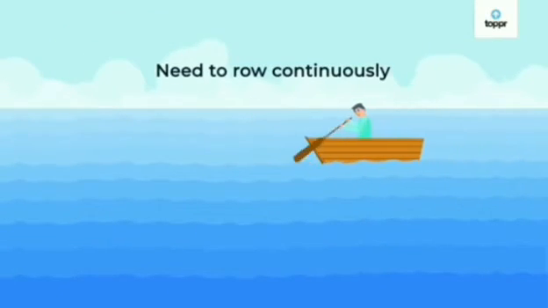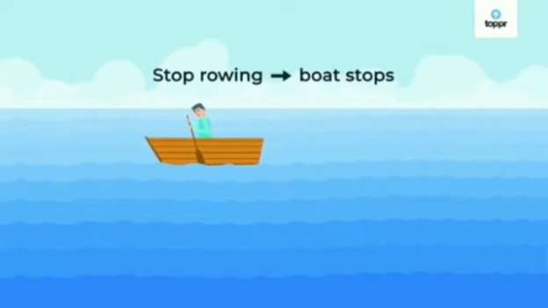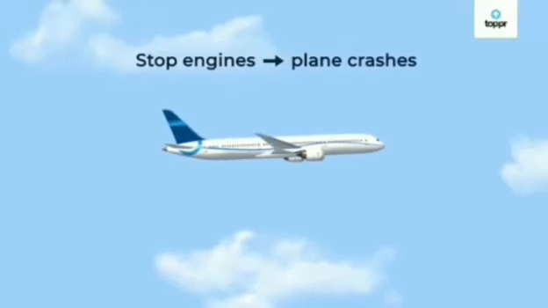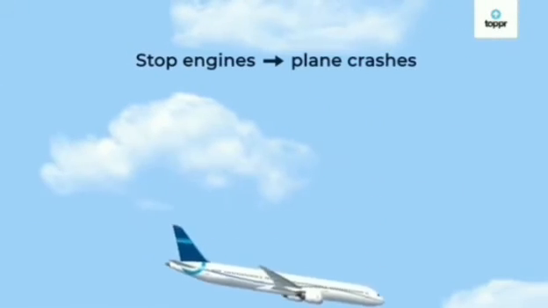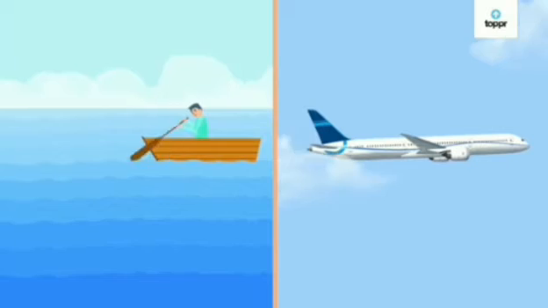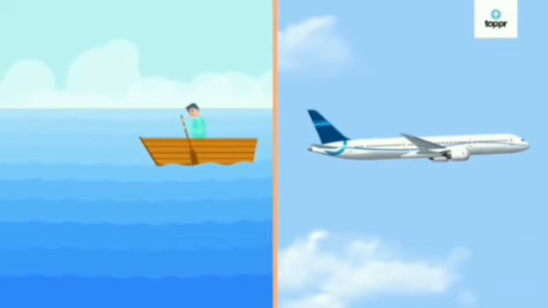You have noticed that to move a boat in the forward direction, one has to row it continuously. If we stop the rowing for some time, then the boat will stop moving forward. Okay. The same thing happens in the case of an aeroplane also.